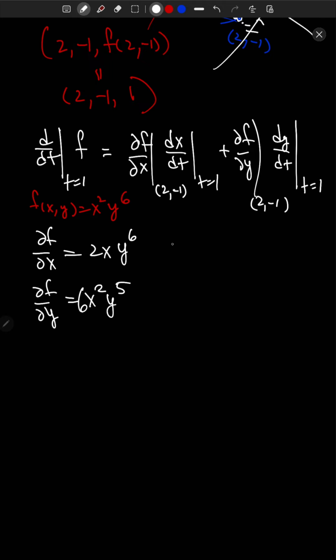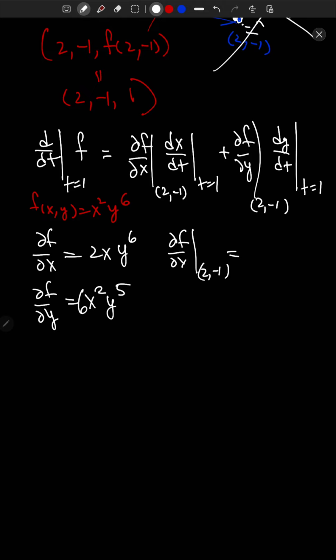And so df/dx at 2 comma minus 1 is going to be 2 times 2, which is 4, times minus 1 to the 6, so that's just 4. df/dy at 2 comma minus 1 is going to be 6 times 2 squared, so we got 24 and a negative of that.